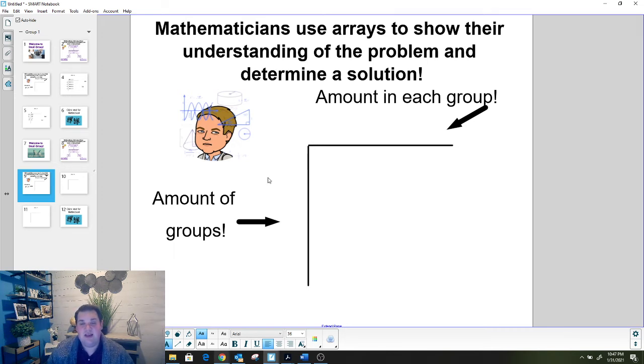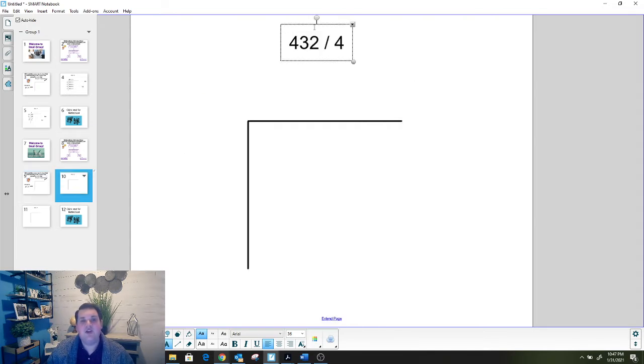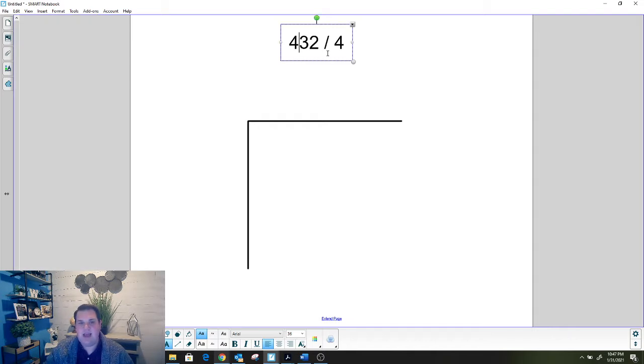Well, as you learned in mini lesson today, and we're going to continue practicing this today, when there's no context at all, like in this problem, you are able to create an array that fits any type of strategy. So you can use measurement or fair share for this problem.